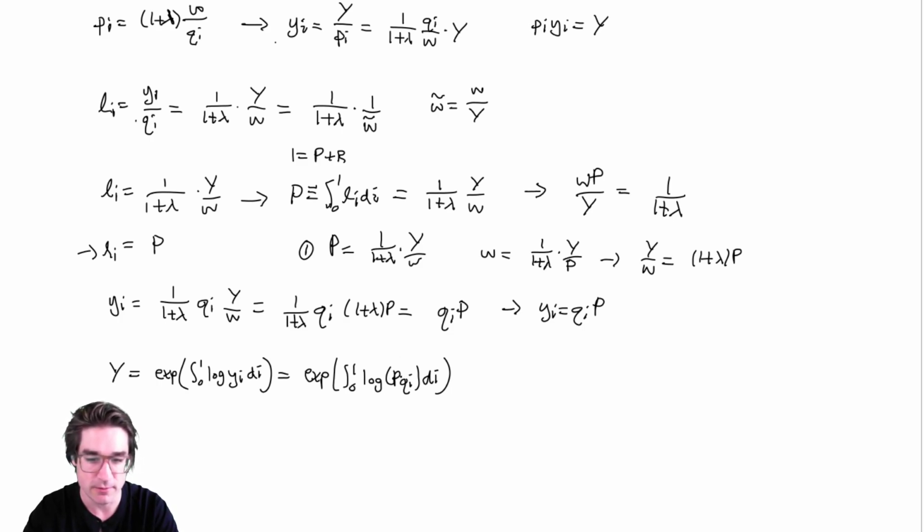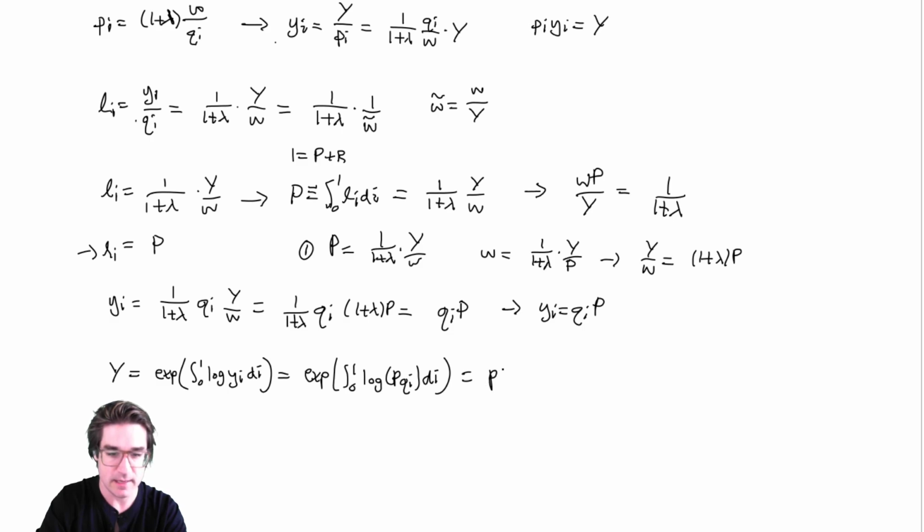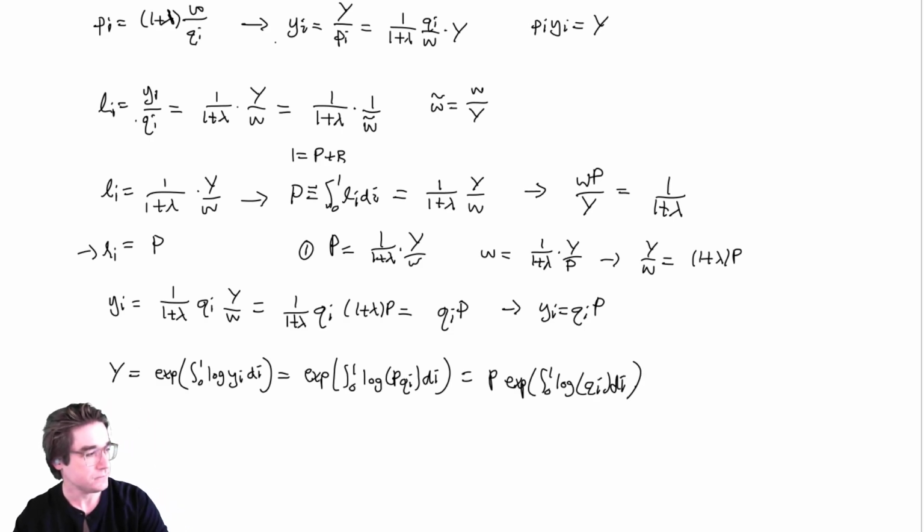If you want to go through the steps, you split this up into a sum, so the log P plus the log of Qi. Pull out the integral, you just get log of P. Pull it out even farther, it becomes regular P again. So this is going to be P times e to the integral from 0 to 1 of log Qi di.